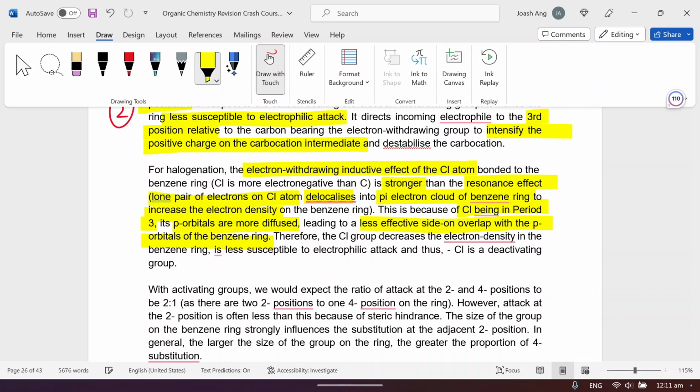Because the carbons of benzene ring have 2p orbitals, which are smaller compared to the 3p orbitals of chlorine atom. And this is why, the keyword here is the extent: there is less extensive delocalization.